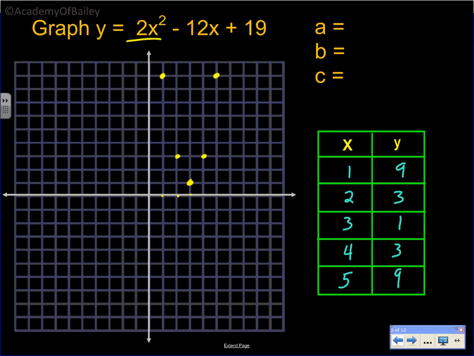And A is opening upwards. So remember to draw a round, smooth turn down there at the vertex. And your graph should look something like this.